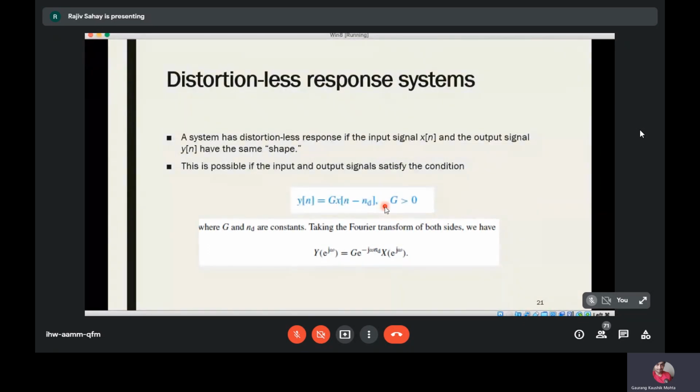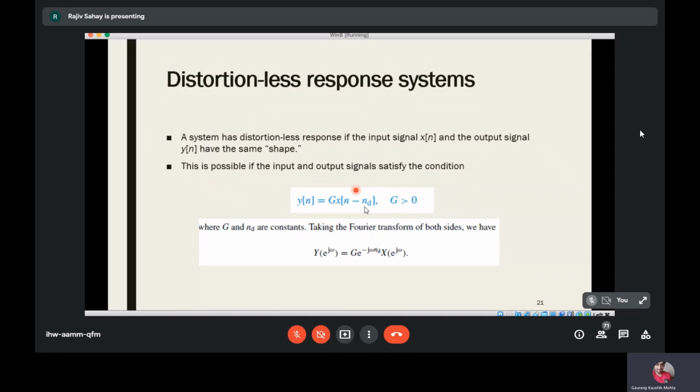Generally the delay will be n minus n_d, where n_d is greater than 0. If n_d is negative, then you are getting a signal when nothing existed. Suppose x[n] starts at time 0 and n_d is negative, then you will get an output at n plus 1 when the signal has not yet been sent, so you will be violating the principle of causality.